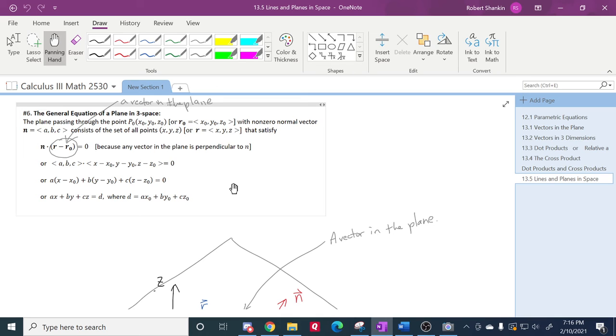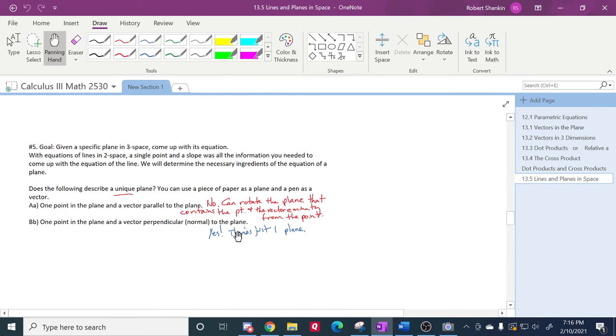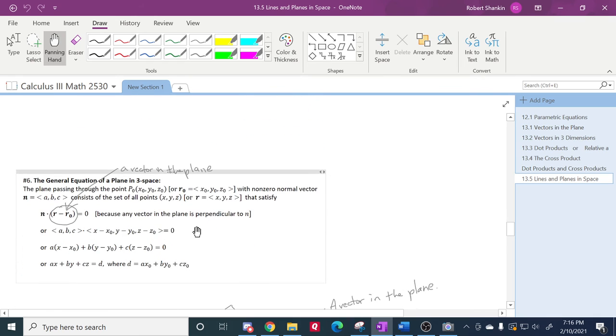Any vector in the plane and the normal vector to the plane. We decided up here that a point in the plane and a vector perpendicular, normal to the plane, determines a unique plane. And we can also use the fact that they're normal because their dot product is 0.